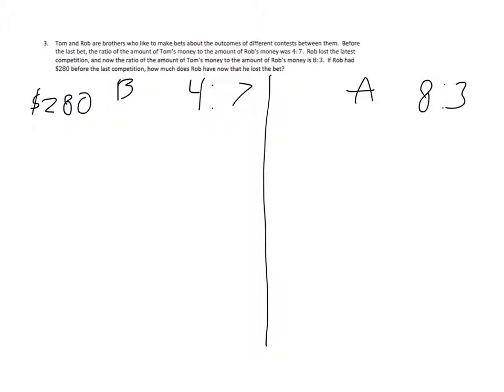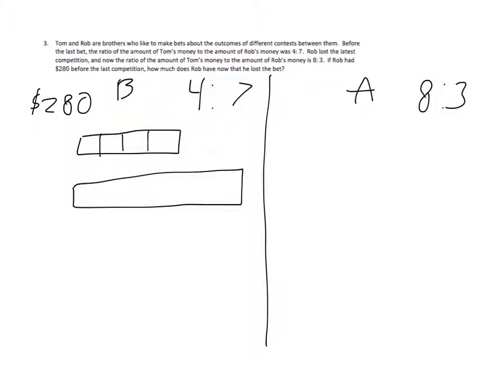Okay, so let's start with our tape diagram. Tom had 4, and then Rob had 7. Okay, so Tom and Rob, and we know that Rob had $280 before.